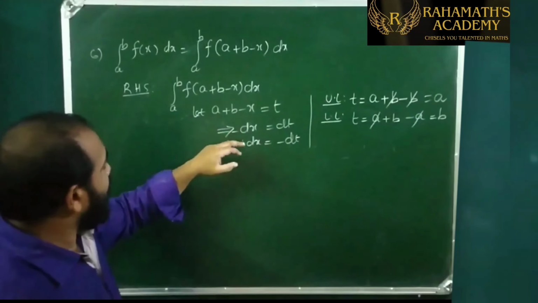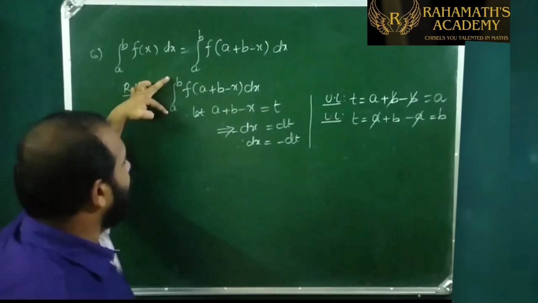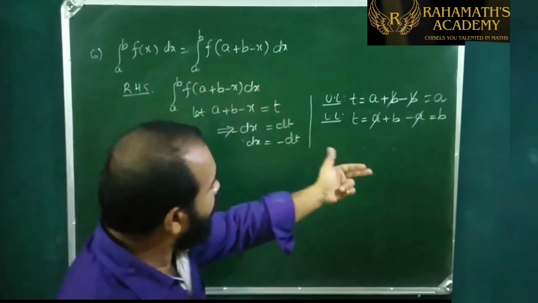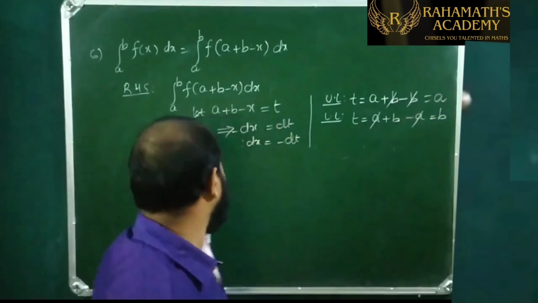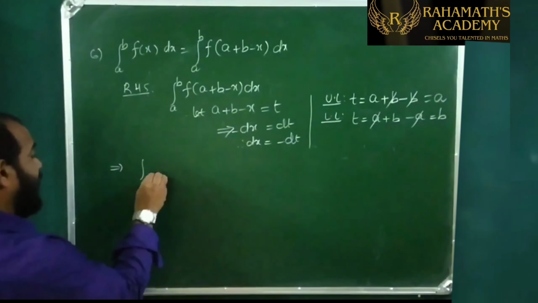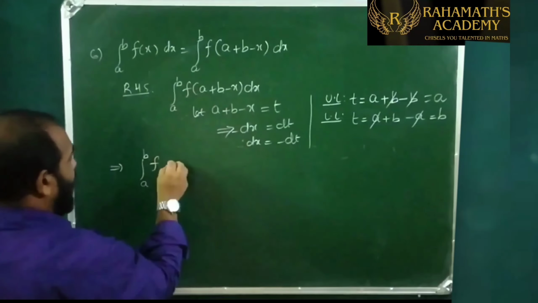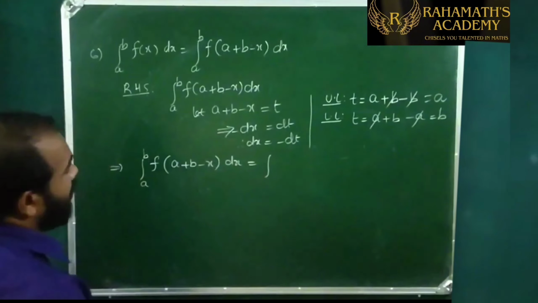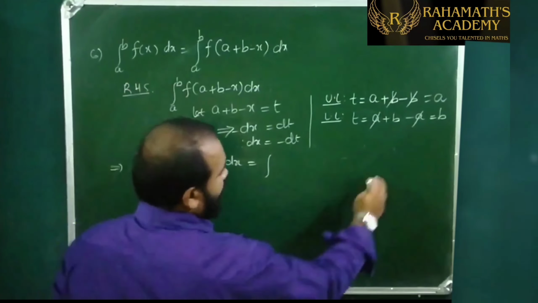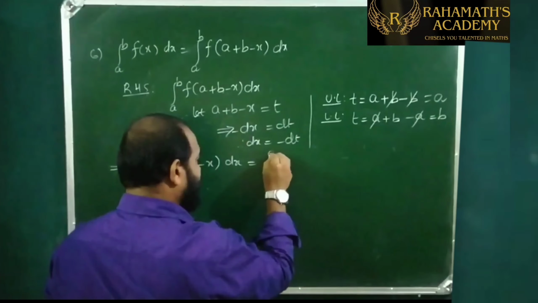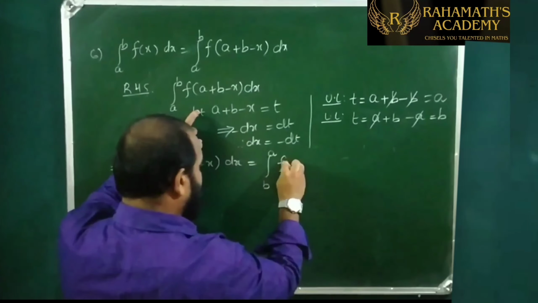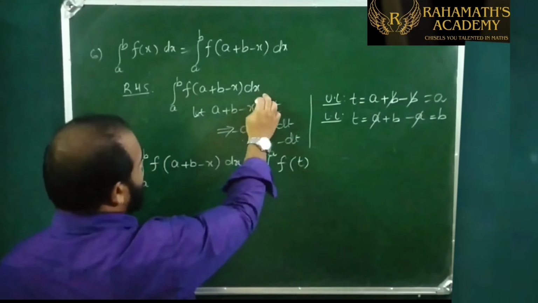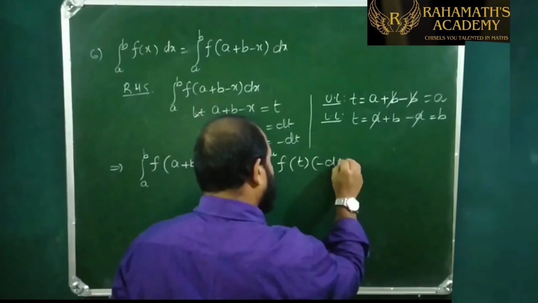Therefore, the limits a to b are converted into b to a. So integral a to b f of a plus b minus x dx is equal to the integral with a to b changed into b to a, f of a plus b minus x is t, and dx is minus dt.